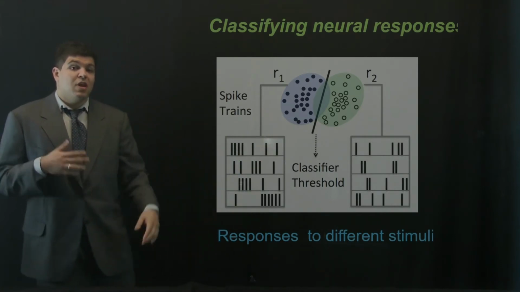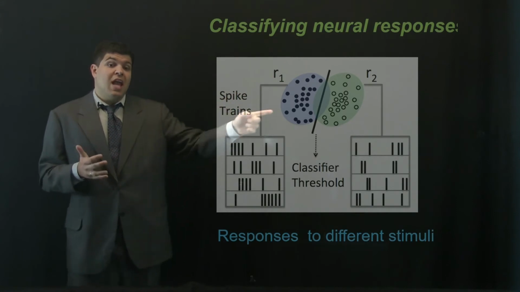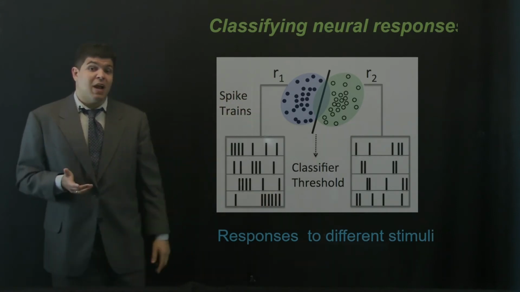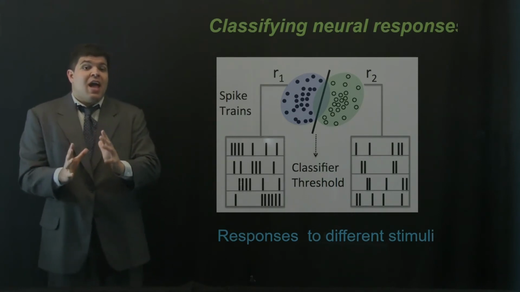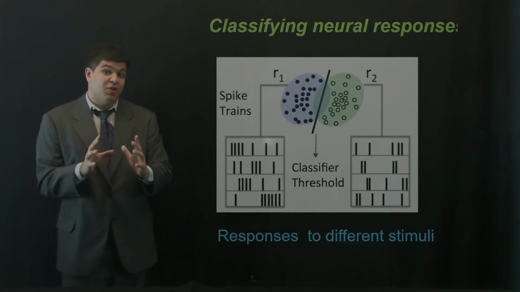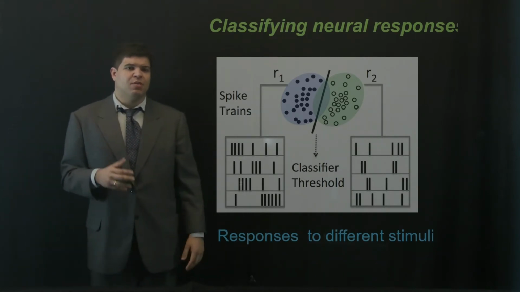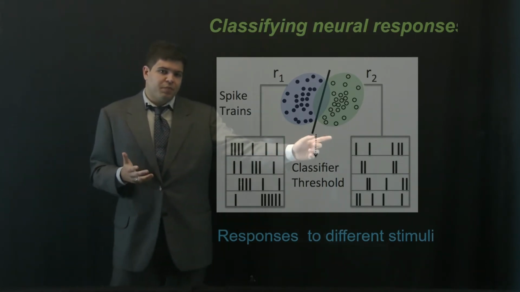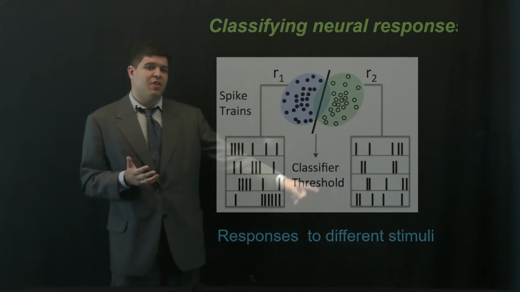When you present stimulus 1, you have response 1, and even though the spike trains aren't exactly the same, you can categorize them as the response for that particular stimulus. If you present another stimulus, let's say stimulus 2, then you generate a different family of spike trains, even if they're not exactly the same.